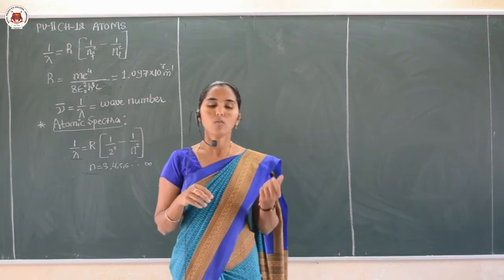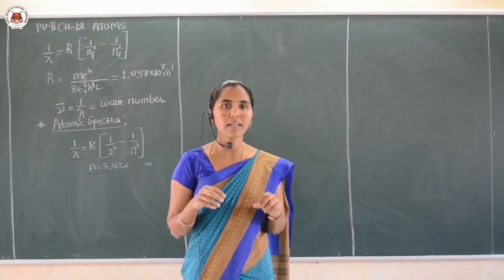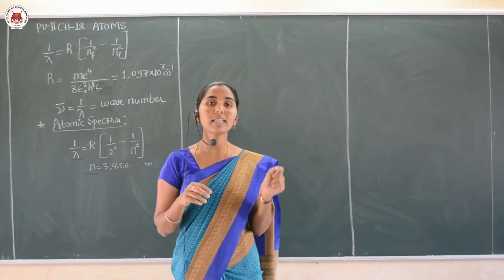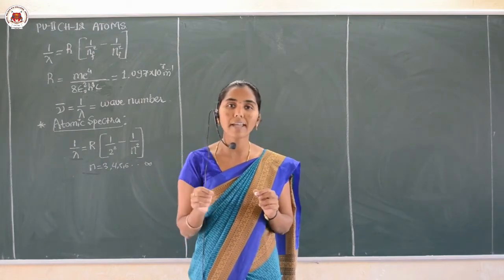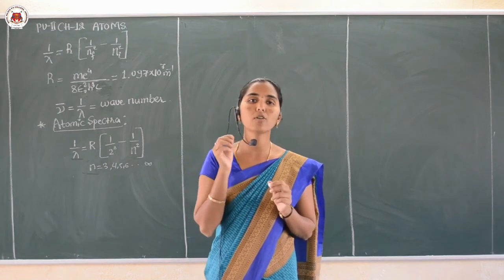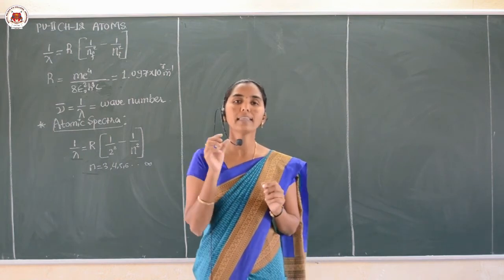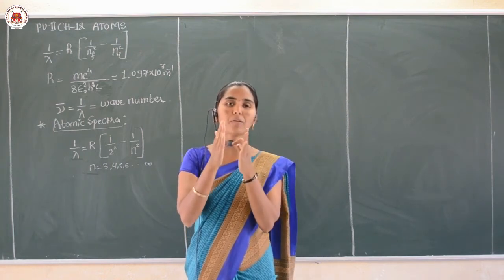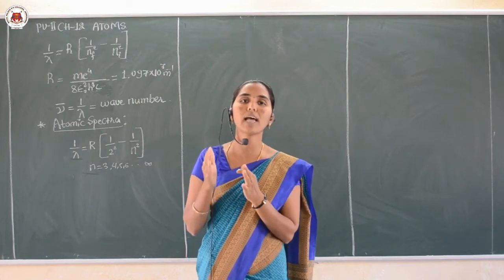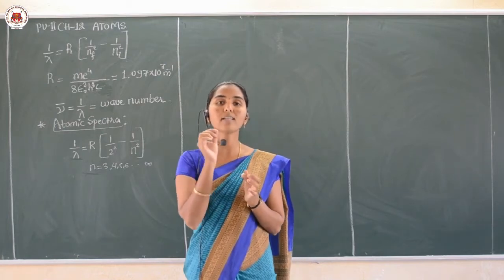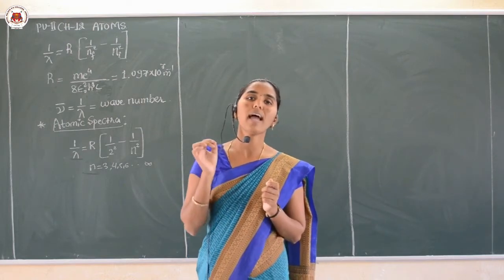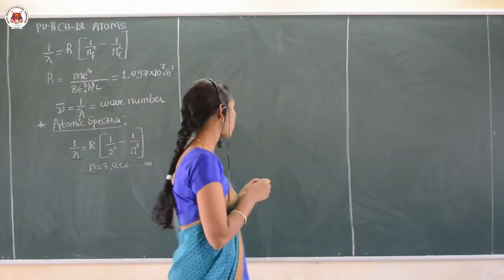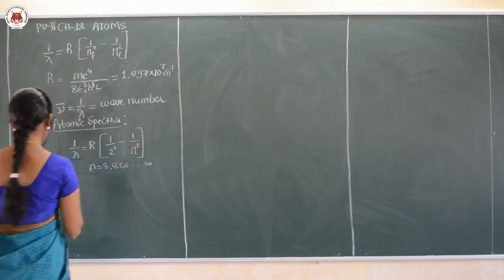When the transition takes place, every transition is related to the formation of a spectral line, and that many number of spectral lines we call the line spectrum or the line emission spectrum of the atom. What is it called? Line emission spectrum.